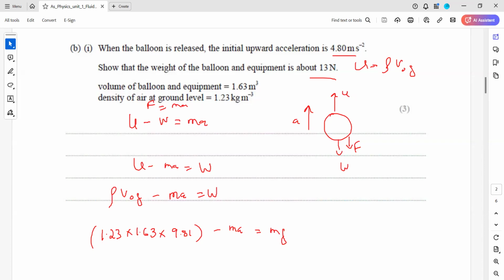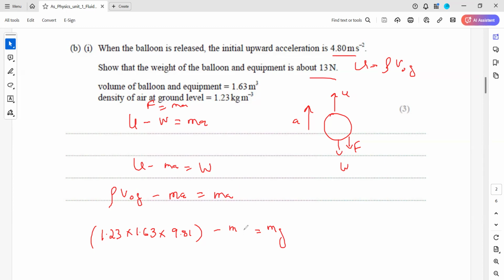Otherwise, if we keep the mass and the weight, then we'll have two unknowns, the weight and the mass, and we cannot solve this equation. So what we can do is convert this weight into mg and then work out the mass. So here, in place of W, we replace it by mg. The acceleration of the equipment, which means the balloon, is given, which is 4.8.